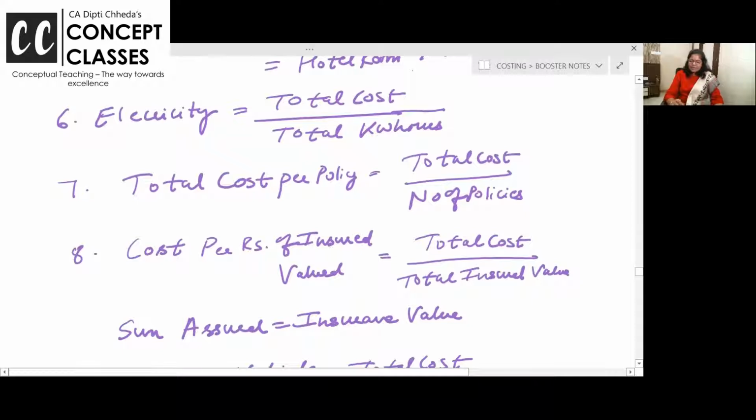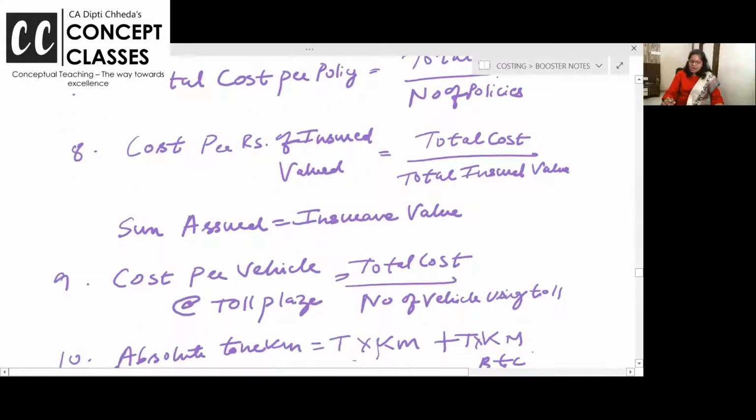Electricity, divide the total cost by kilowatt hours. Total cost of the policy by number of policies. Total cost by total insured value.